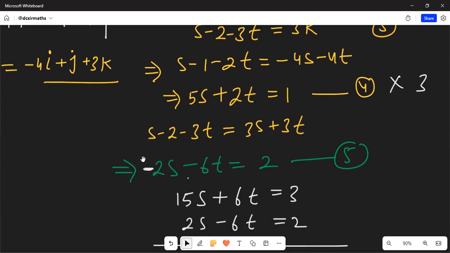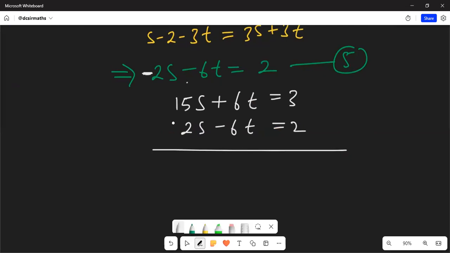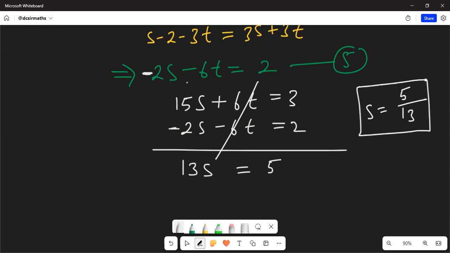All right, let me correct it. Now adding, the 6t will get cancelled. So I have 13s is equal to 3 plus 2, which is 5. So I get s is equal to 5 over 13.